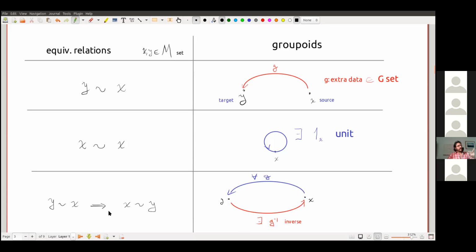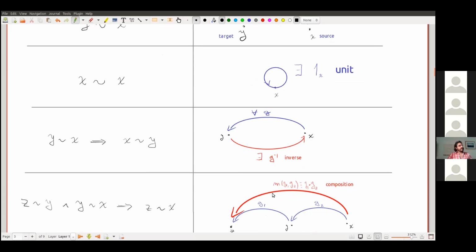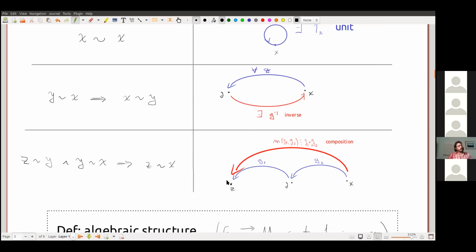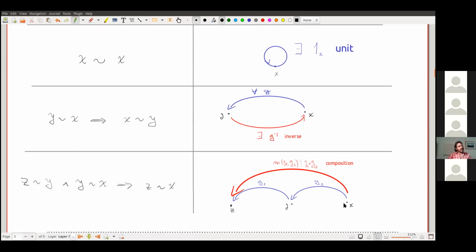This reflexive property we promoted to the idea that whenever I have an arrow like this, the blue one, there is also an inverse arrow. And the transitivity we encode in the idea that when we have arrows that can be composed, you can actually compose them, and there is a third arrow that is the composition of these two.